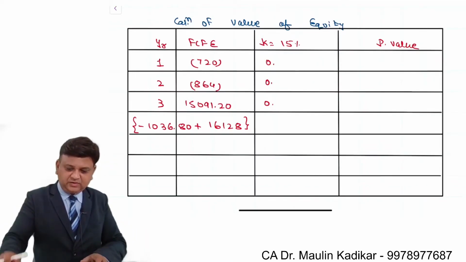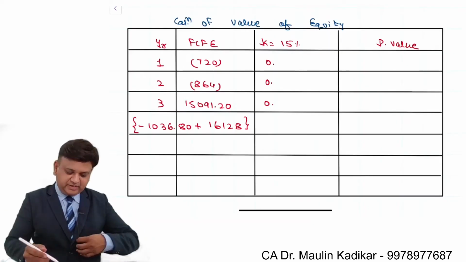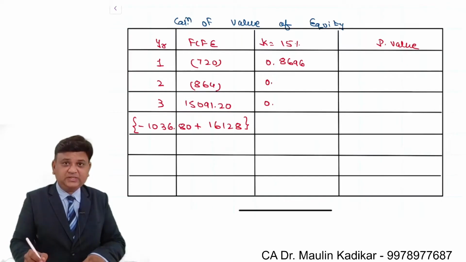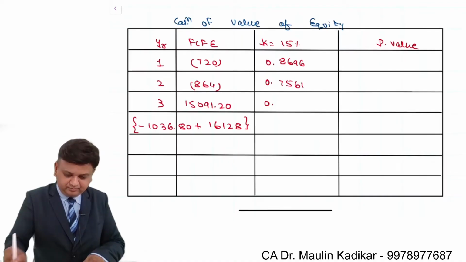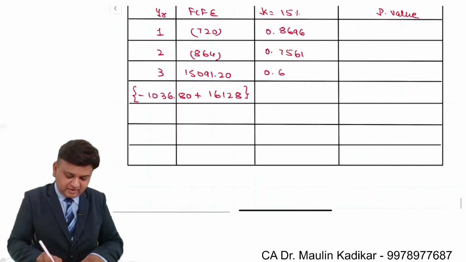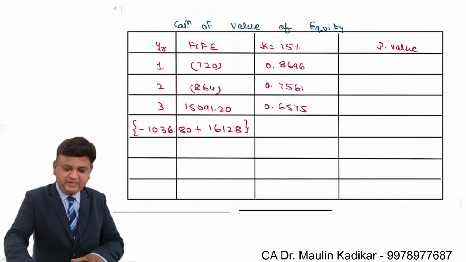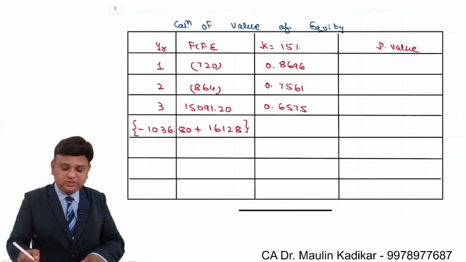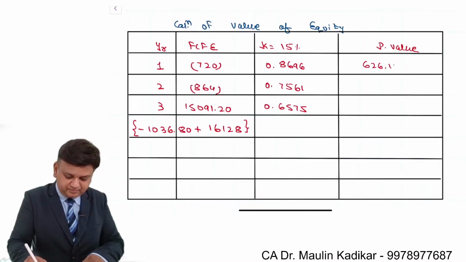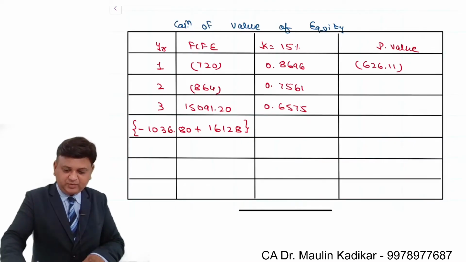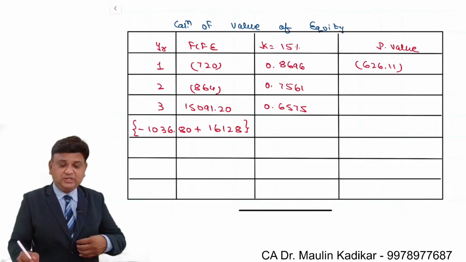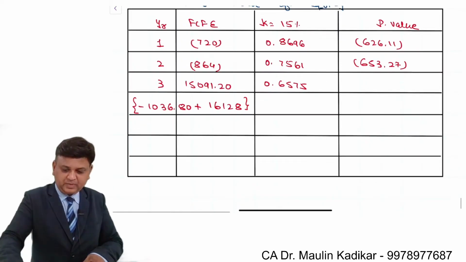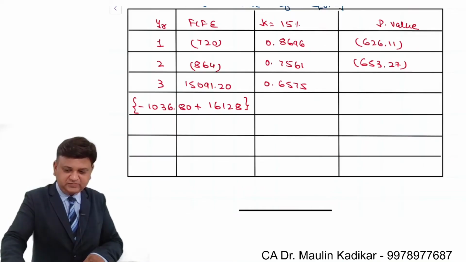So 15% is the discounting factor. First year factor is 0.8696. Second year is 0.7561. Third year is 0.6575. Now based on that, we will make the calculation. 720 into 0.8696. So 626.11 outflow. 864 into 0.7561. So there is again cash outflow 653.27. 15091.2 into 0.6575.